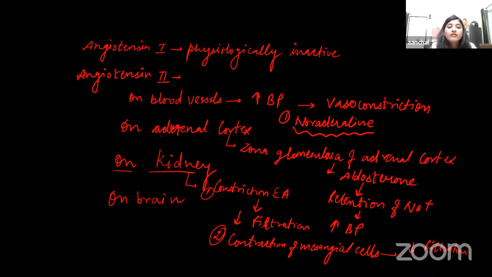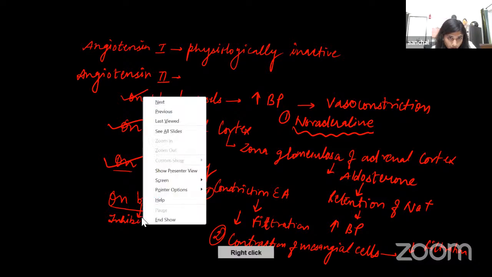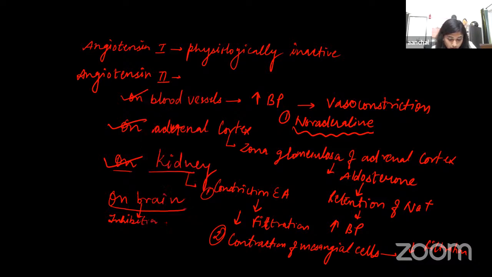Right? Now we have learned the action of angiotensin 2 on blood vessels, adrenal cortex and kidney, and now we're going to discuss the action of angiotensin 2 on brain. So basically this angiotensin 2 is responsible for inhibition of baroreceptor reflex, right?